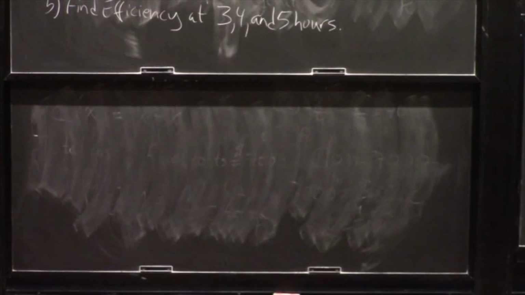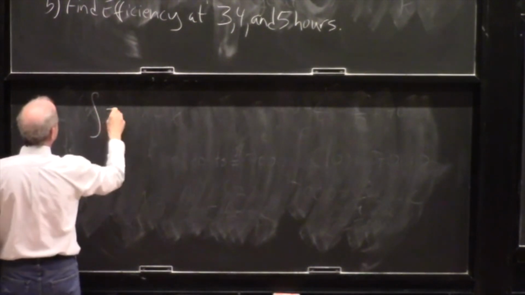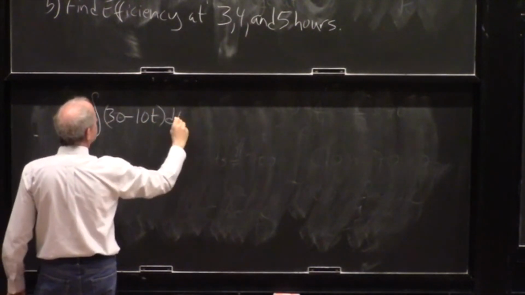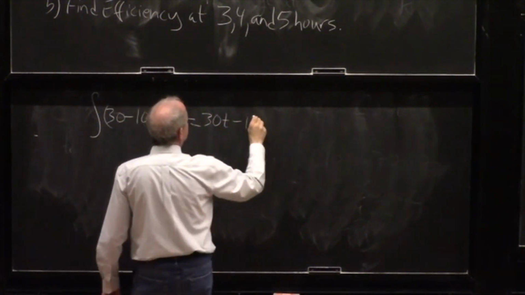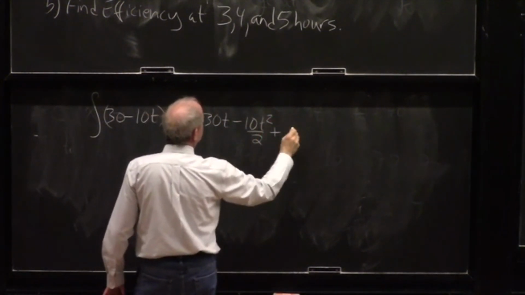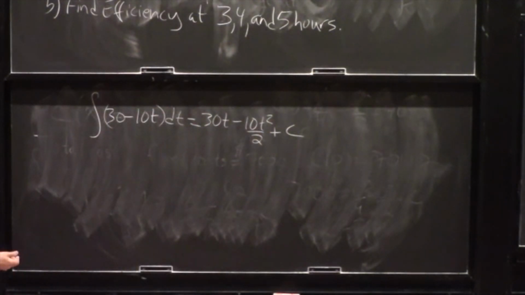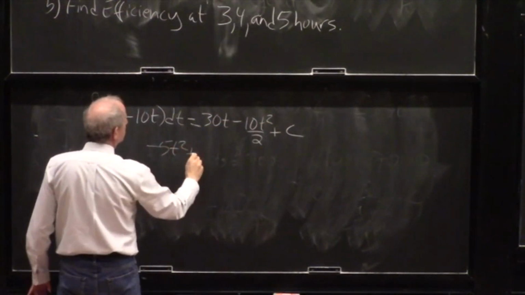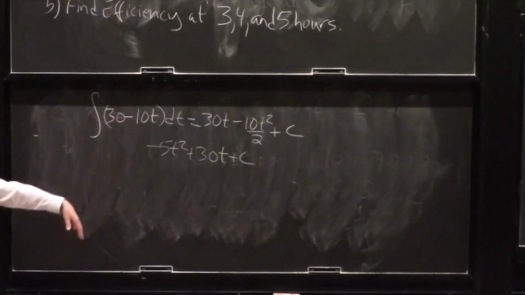Okay, so the efficiency, dE/dt, is 30 minus 10t, so we're going to need to integrate 30 minus 10t, and we get 30t minus 10t squared over 2 plus a constant. Also known as minus 5t squared plus 30t plus c. So that's an upside down parabola.